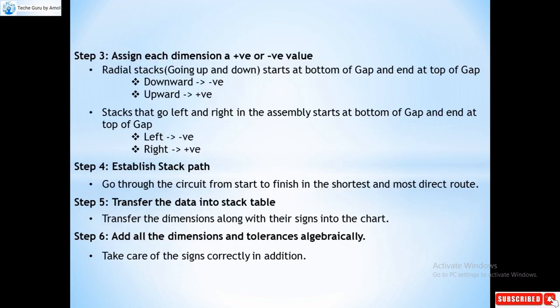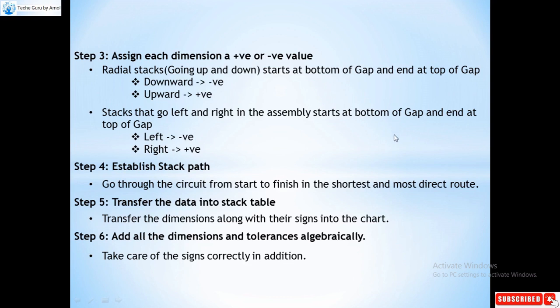The third step is to assign each dimension a positive or negative value or sign. For a radial stack, going up and going down, start at the bottom of a gap and end at the top of a gap.